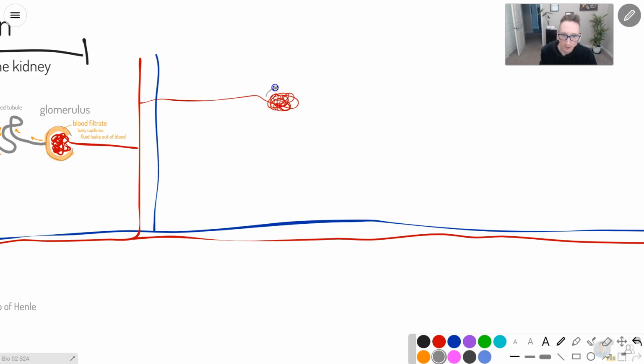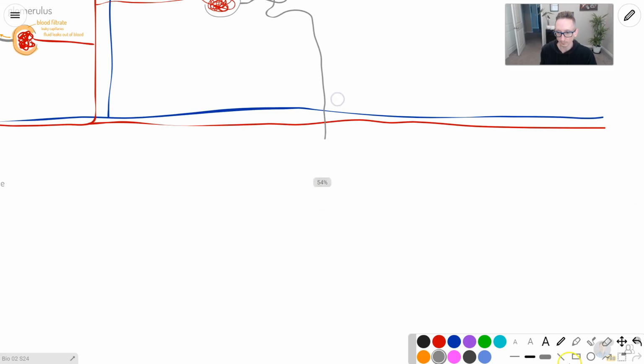We got this glomerulus that kind of cups around it. And we'll draw in our tubules as well, just like we did before. So we got our proximal. And then we enter the loop of Henle. It gets a little thinner.